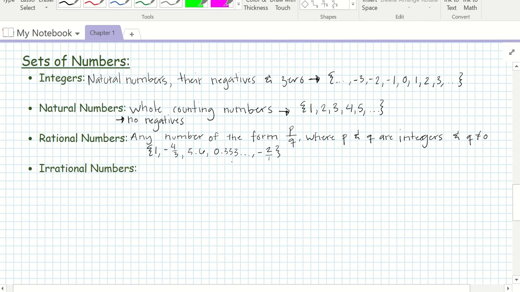So all of these numbers that we are seeing here in this list can be written as a fraction. Irrational numbers cannot. So these are a set of numbers that cannot be written as fractions.